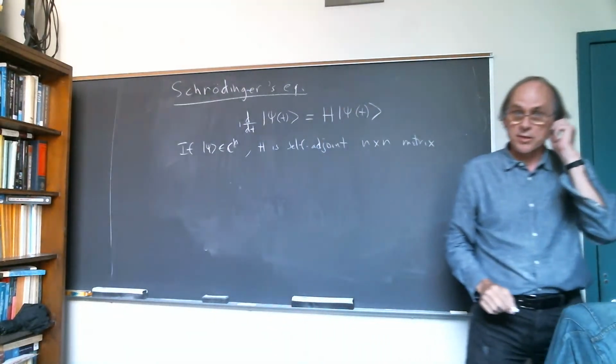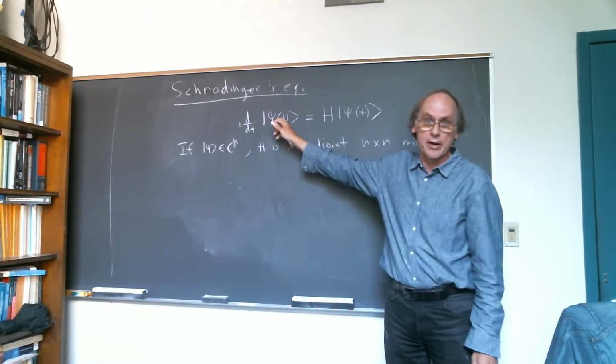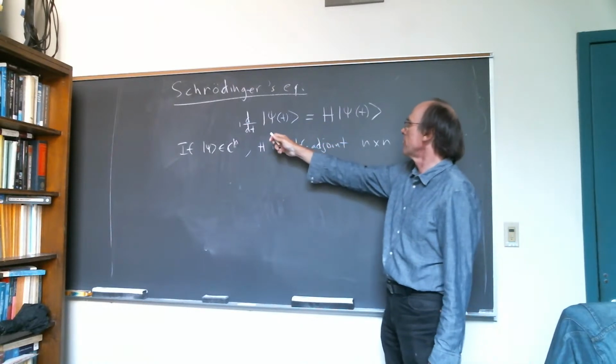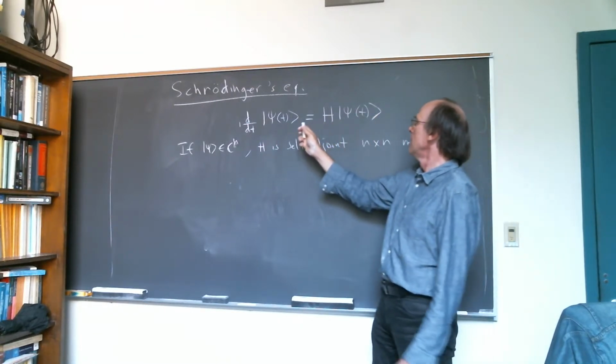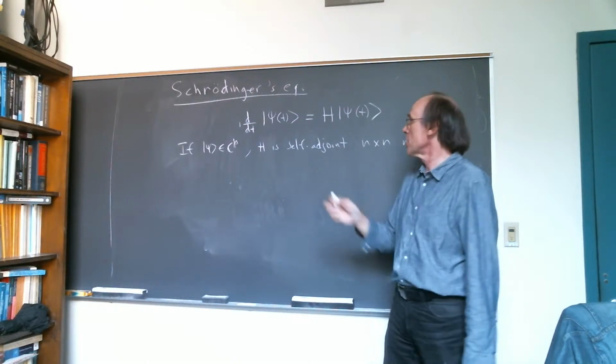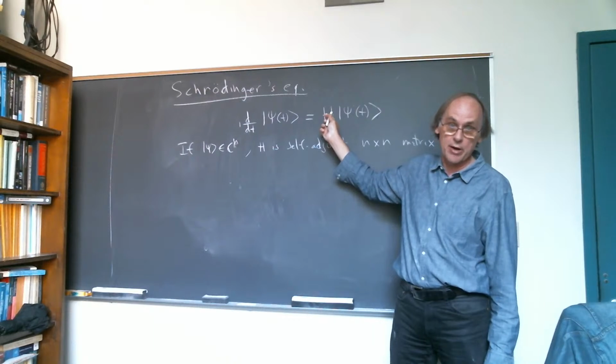Okay. So this equation is just an equation for a column vector varying as a function of time, and what we're saying is that there's the world's simplest first order differential equation telling you how this varies in time, which is given by acting with this linear operator.